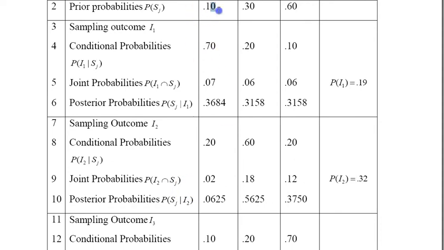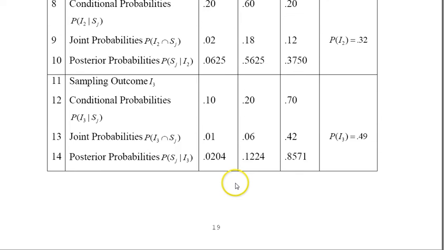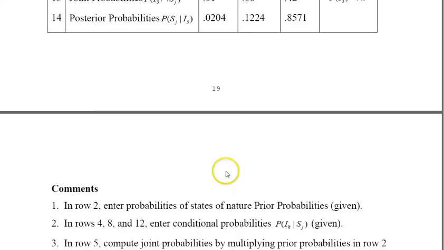Same thing if I take those prior probabilities, multiply them by these ones here, I get the joint, add them up to get P of I3, divide each one of these by this to get the posterior. And you can see this structure really allows you to do this very easily in an Excel worksheet.